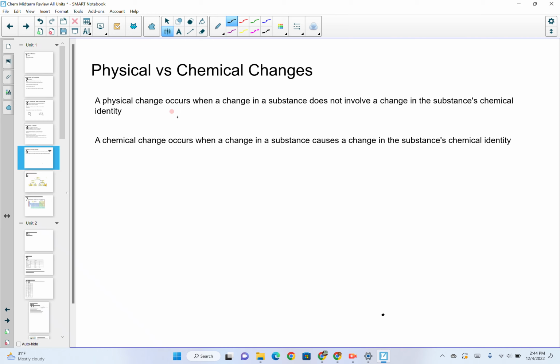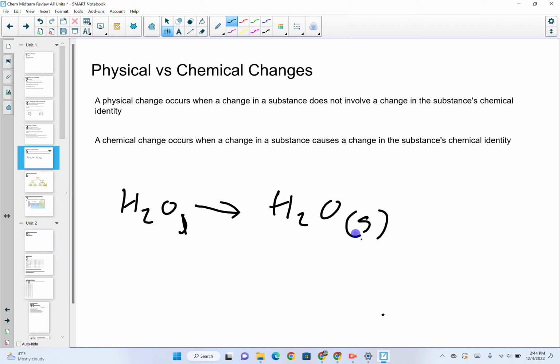So, physical versus chemical changes. A physical change occurs when a change in a substance does not involve a change in the chemical's identity. So if you have water as a liquid and then it goes to water as a gas, that is an example of a physical change, because you still have water on this side and you have water on the other side, but it's just in a different form.